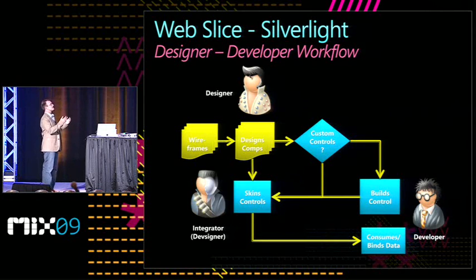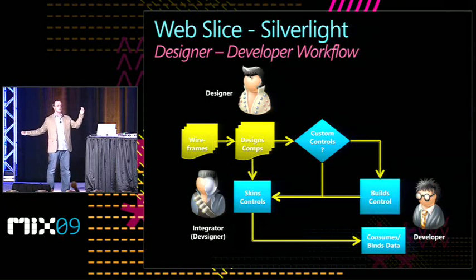And the reason I bring this up is because when you're building a Silverlight control, I think it's important to think of how you're going to go from design through development. But design through development actually involves a little bit more developer-designer as a person than in a traditional maybe static HTML site. And so we refer to that person as the integrator.